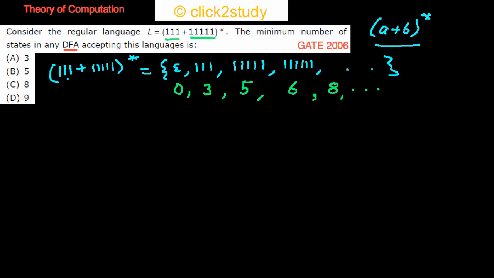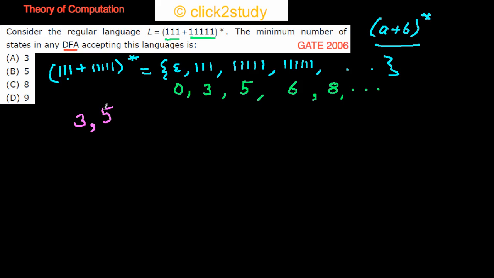So this is a regular expression, and it expands to this set. Let's try to expand this and see what sort of pattern we get. I'm writing this again. In the beginning you have something with 3 ones and something with 5 ones.